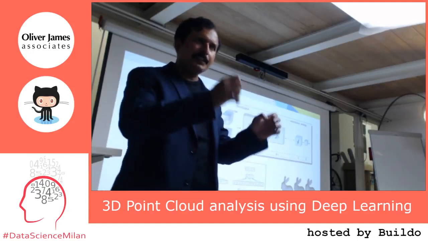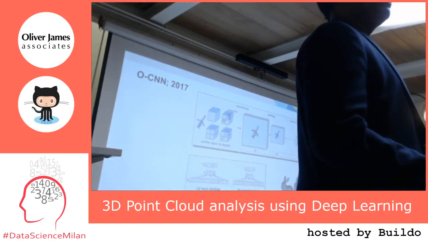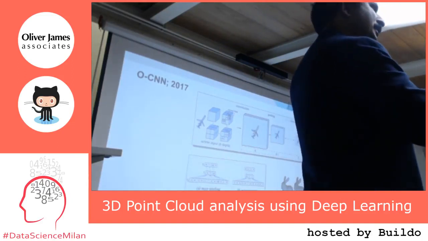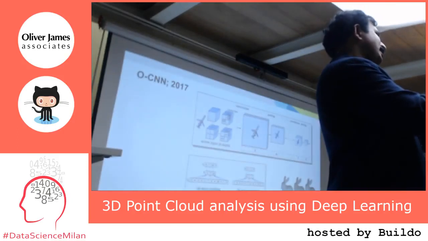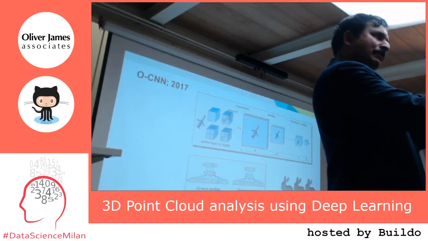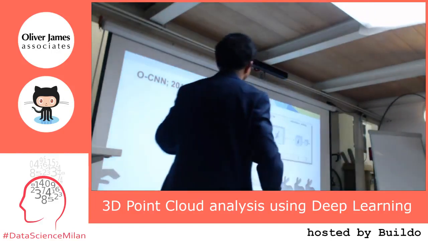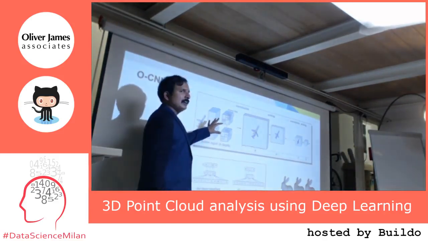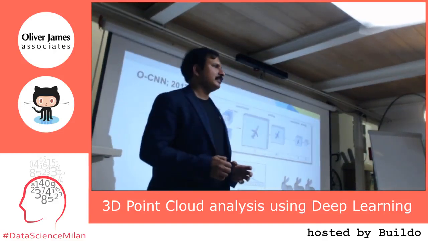After this, it's exactly the same as how you do 2D image processing. For example, if you have an image of a cat in 2D, you have the RGB values, and if you run multiple kernels, you actually get multiple feature sets. The same concept is applied, but all that you do is break down the 3D image using the octree data structure.